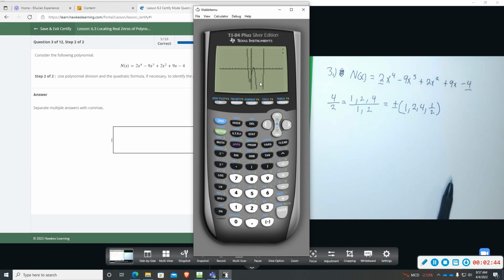and it looks like -1. So let me see. -1 looks like it goes right through that one. Looks like there may be some decimals here. It could possibly be 1, but I think it goes above that. Let me see if I can zoom in. Zoom number 2 to zoom in. We're going to zoom in right there.